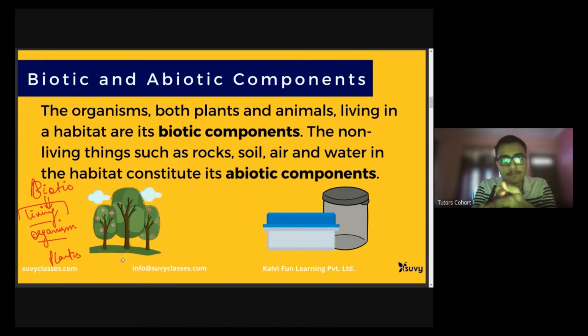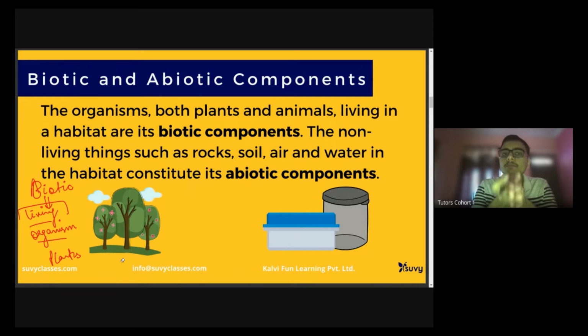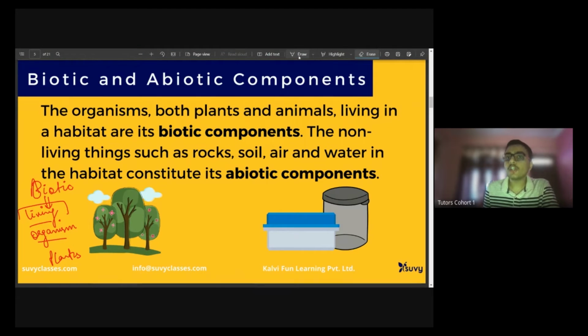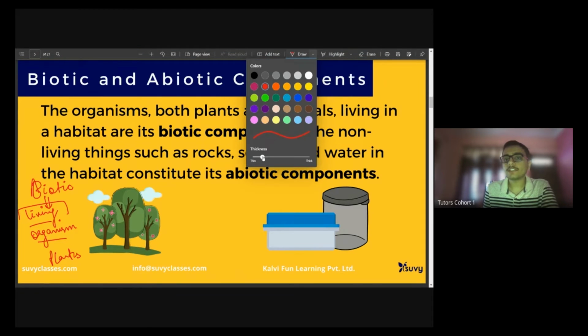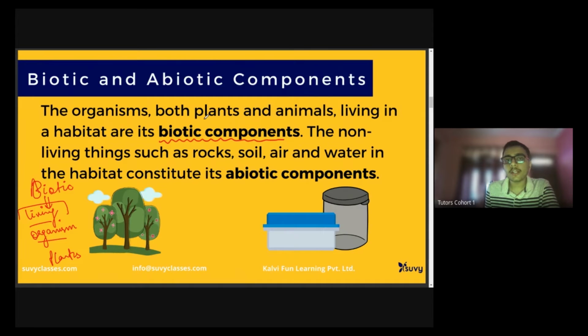Living organisms are known as biotic components, whereas non-living organisms are known as abiotic components.